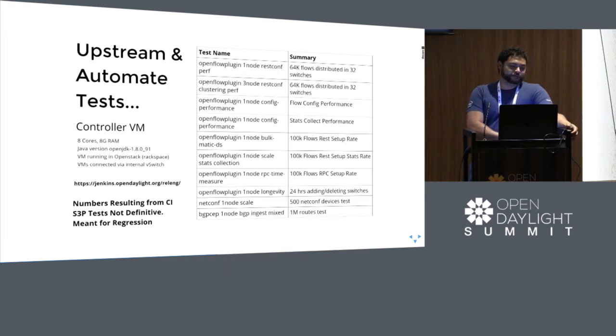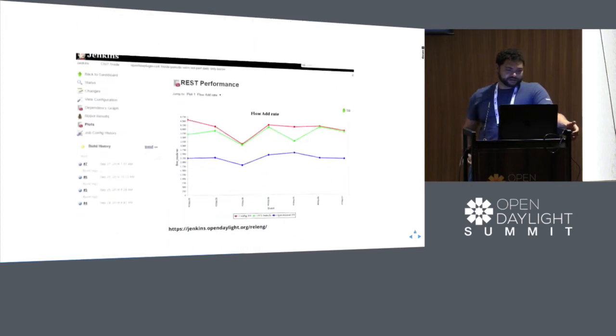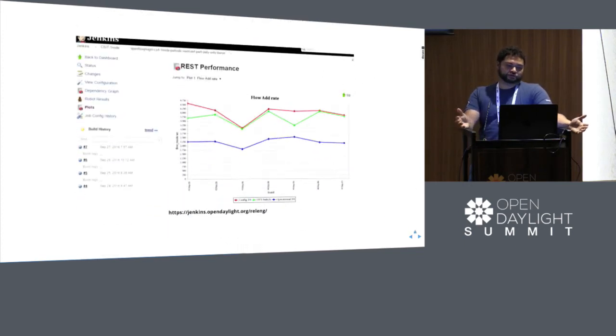I will show you one slide here, which is an example of what you'll see in Jenkins upstream when these tests are run. So this is the OpenFlow CSIT one node periodic REST comp performance daily. This is a very recent test that Luis added to this setup, and it basically shows you what's happening on each of these different runs, how performance is changing: configuring the data store, configuring the flows in the OVS switch, and then configuring the operational data store to match whatever the switch's configuration is set up to do.